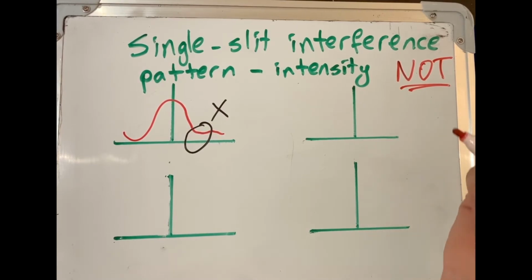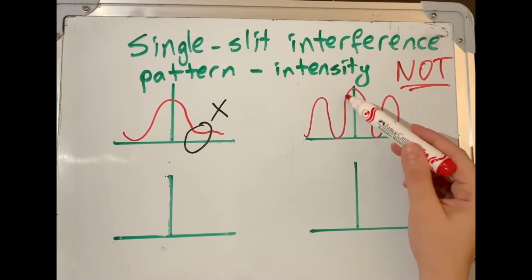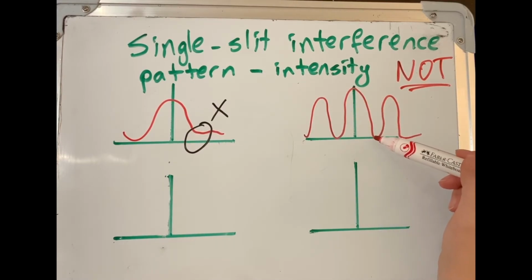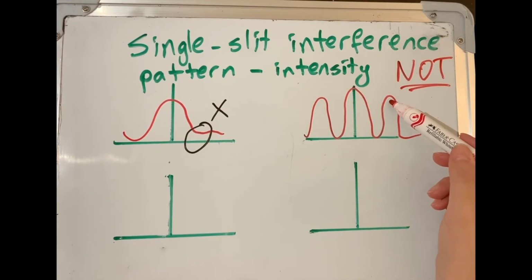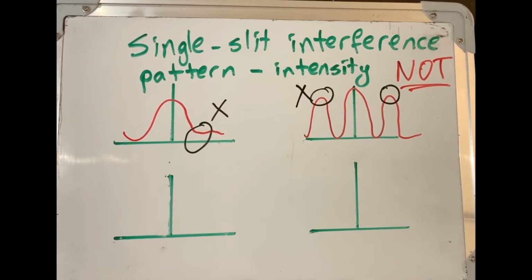Case number 2. The problem with this one is that the central maximum intensity and the next constructive intensity are too close. The syllabus actually says the next constructive interference in the single slit interference pattern should be maximum 5% of the central maximum intensity.